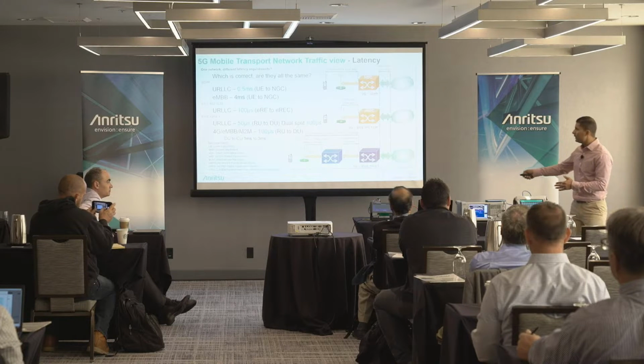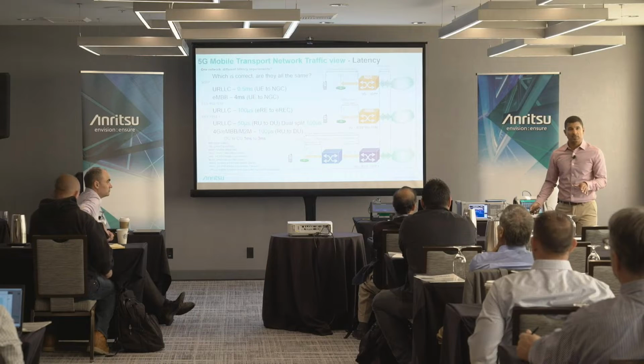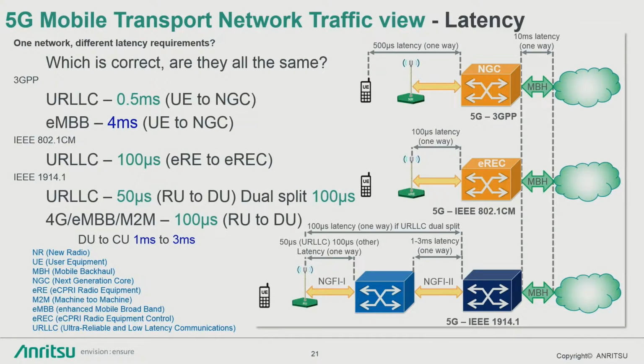So what I identify here is that, depending on the standard, and these are 3 different standards, all of them are referring to different latency values per that aspect of the network. So 3GPP, IEEE 802.1CM, and then 1914.1. And what you'll see is URLLC, ultra reliable low latency communication.